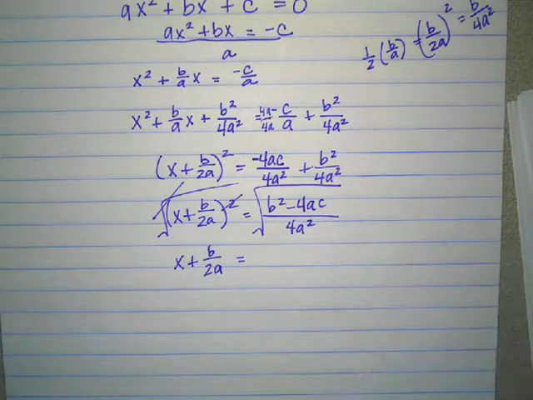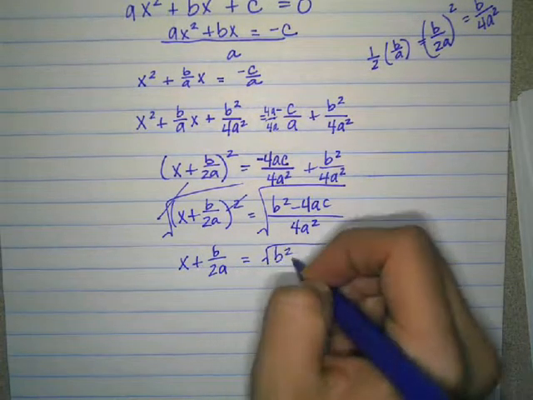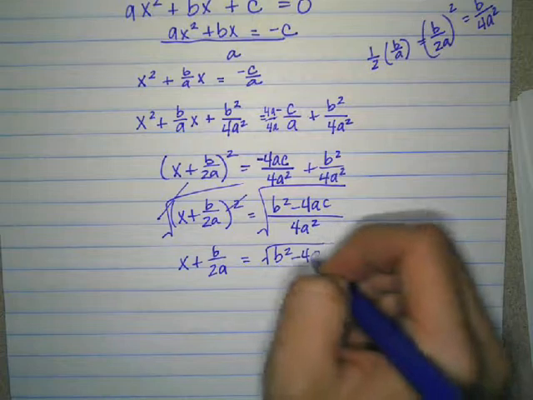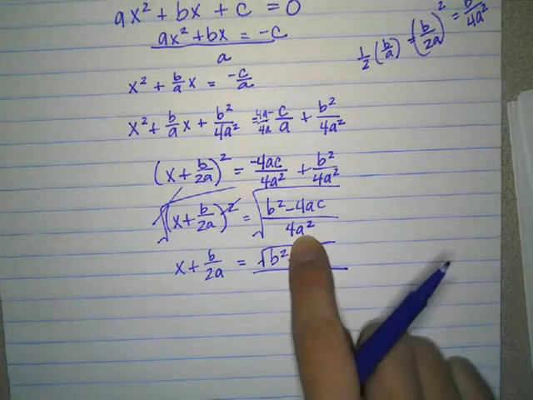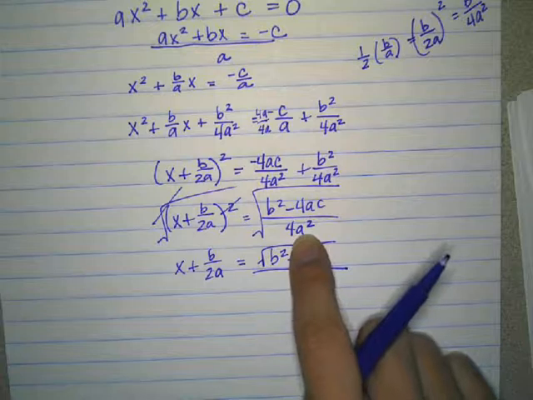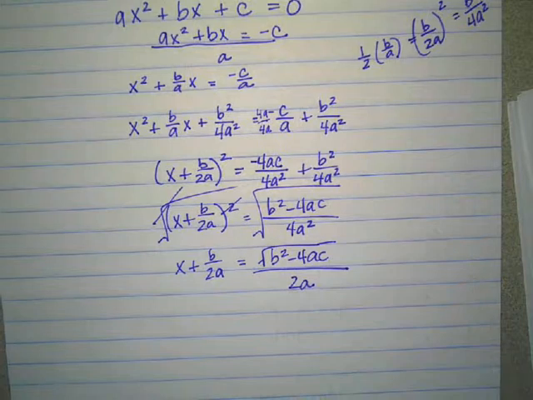And then when I take the square root of the right, the top is going to say square root of b squared minus 4ac, but can I take the square root of the bottom? Well, can I take the square root of 4? 2, and then the square root of a squared is just a, so it'll just be 2a. And then we're going to subtract b over 2a from both sides, right?